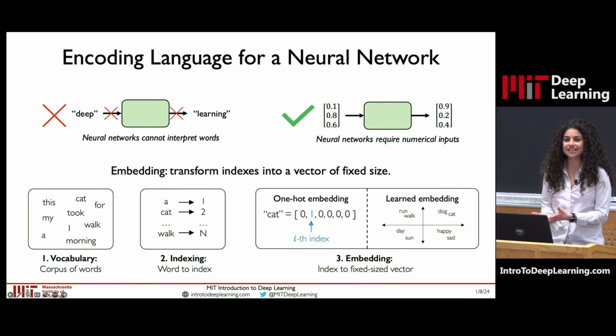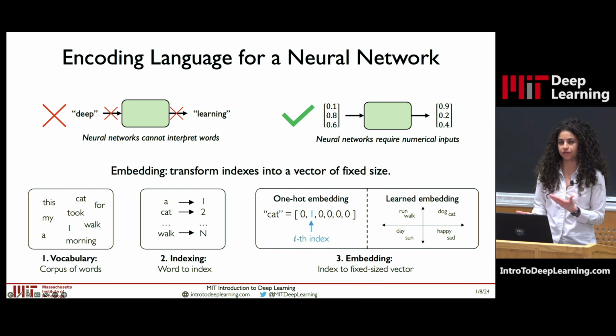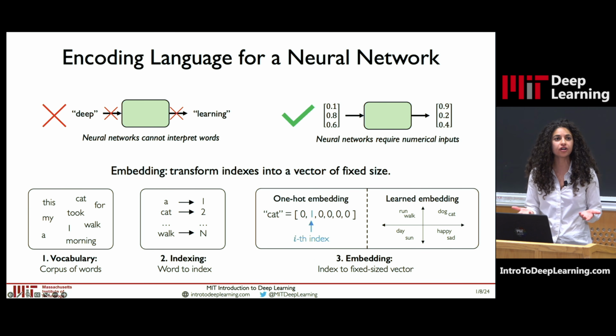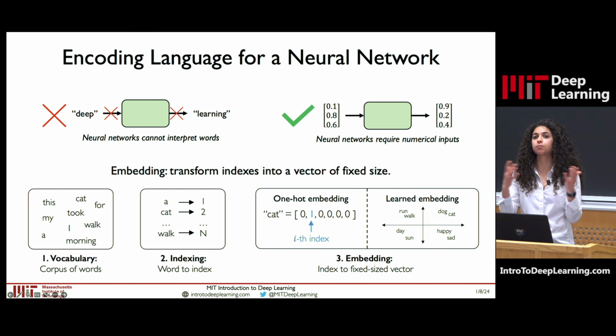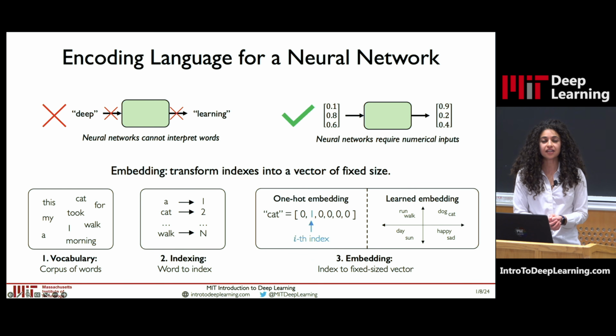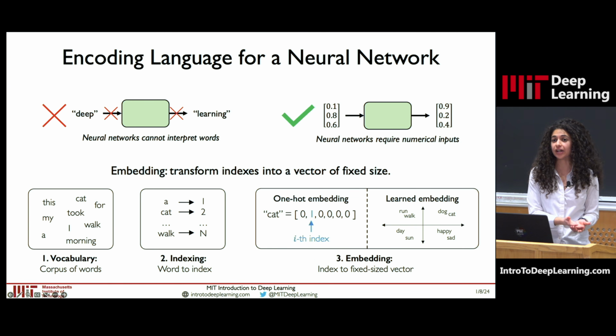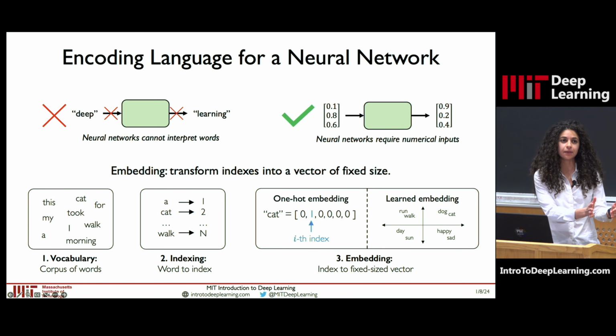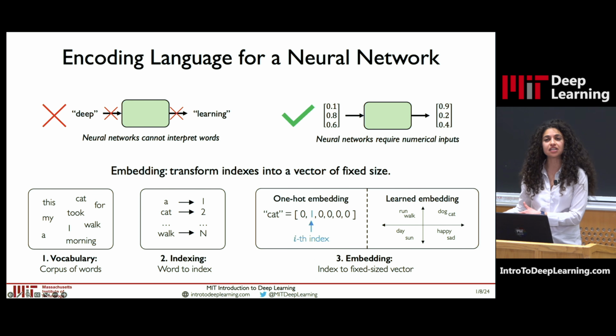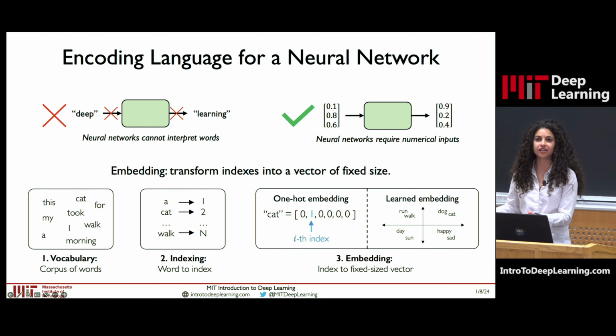Another option is to do something a little fancier and try to learn a numerical vector that maps words or other components of our language to some sort of space, where the idea is that things that are related to each other in language should numerically be similar, close to each other in this space, and things that are very different should be numerically dissimilar and far away in this space.